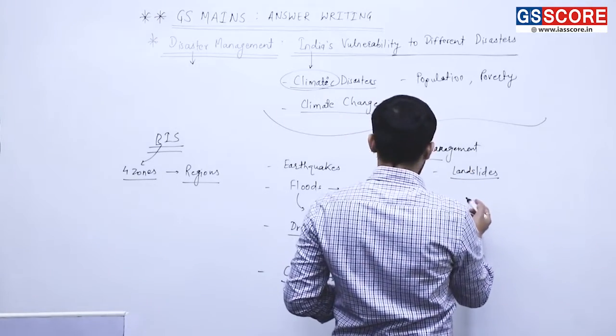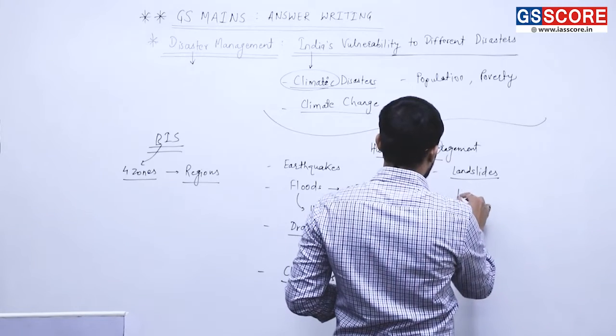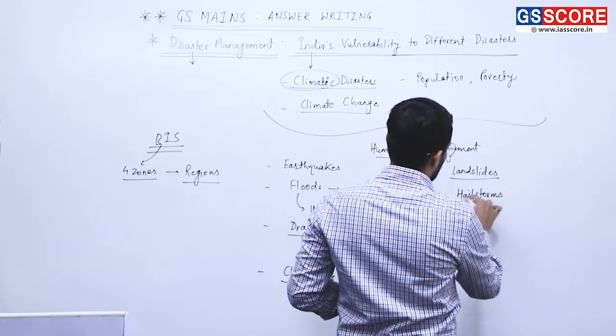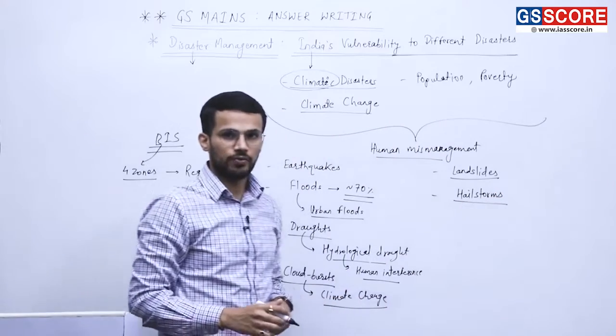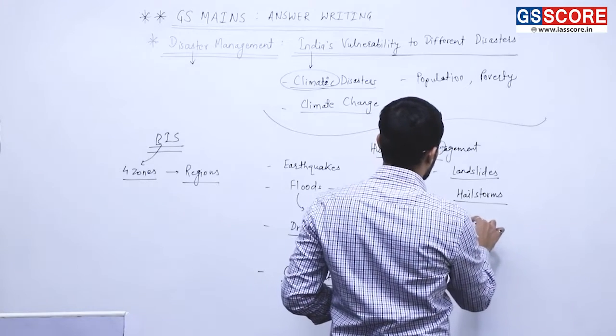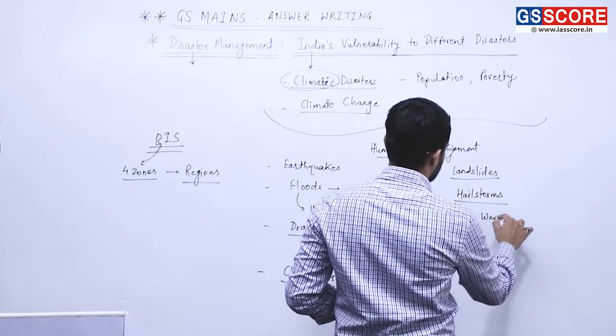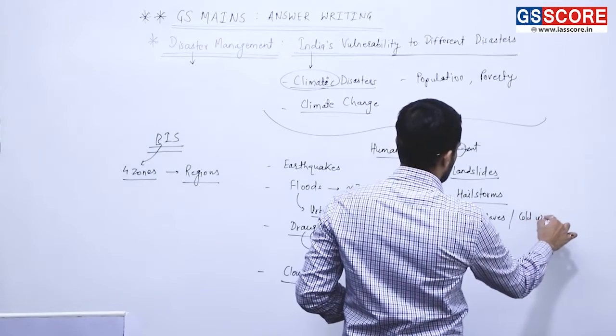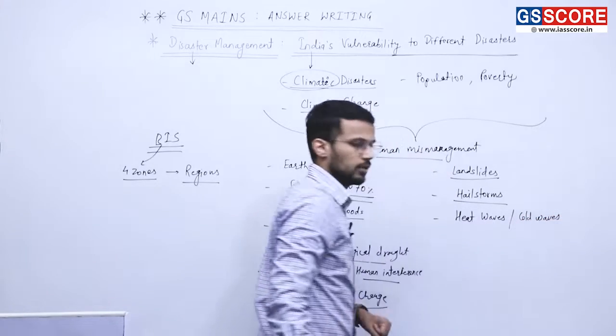Then we also have disasters like hailstorm, which is affecting agriculture of India. Then the disasters are like heat waves and cold waves, right?